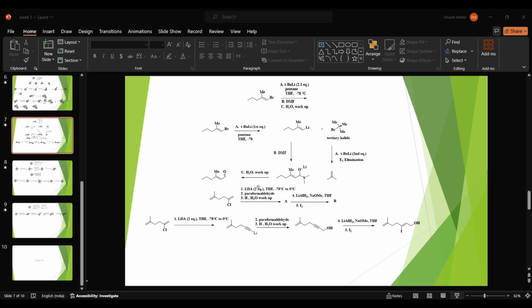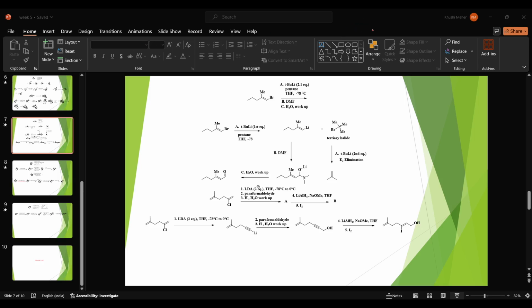This condition is nothing but a Shapiro reaction condition.